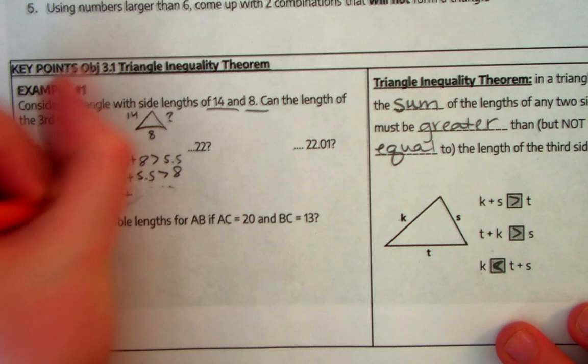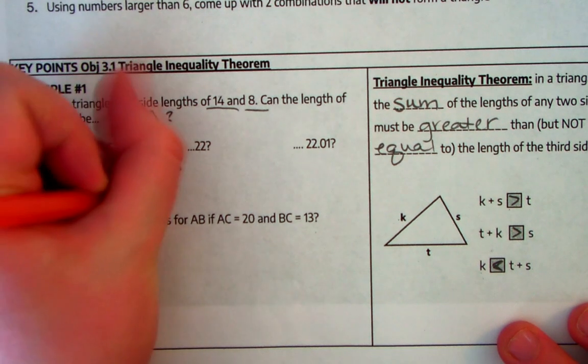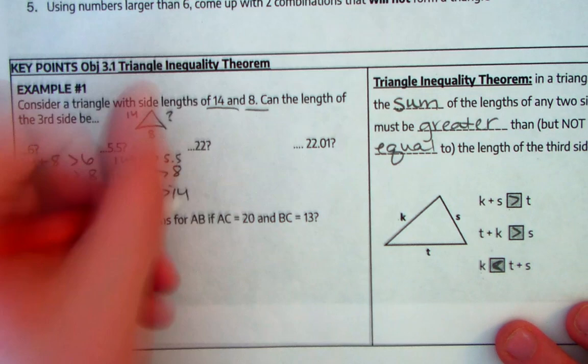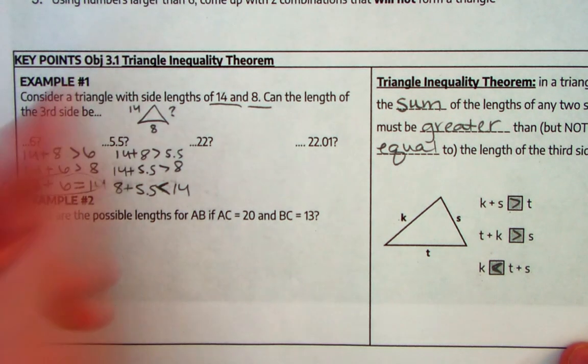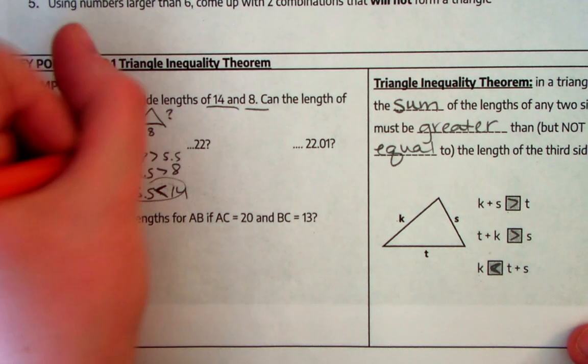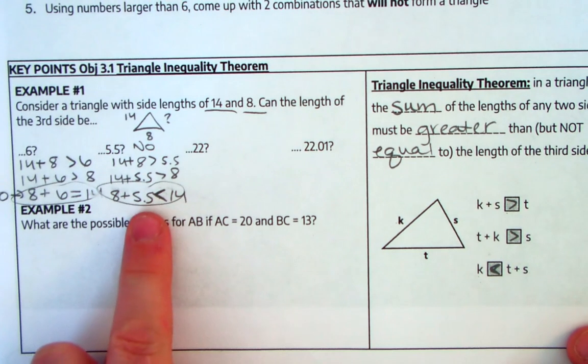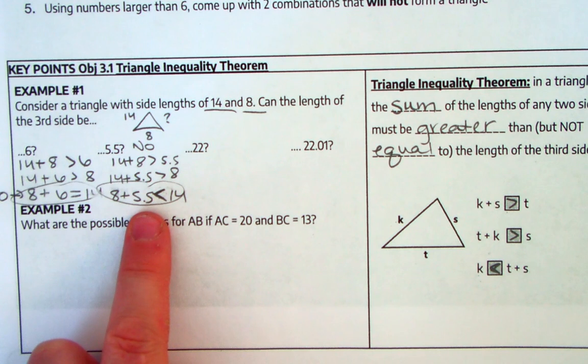Is 8 plus 5.5 greater than 14? No, that's not true. It's less than. So this is a no as well because of this fact that 8 plus 5.5 is less than 14.